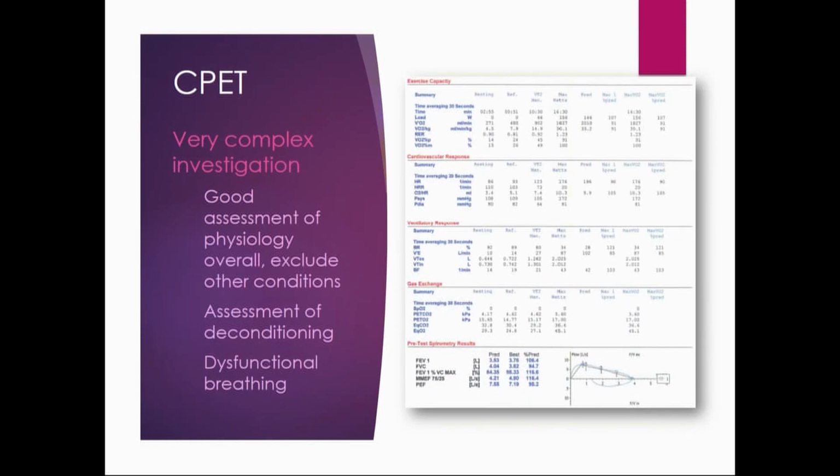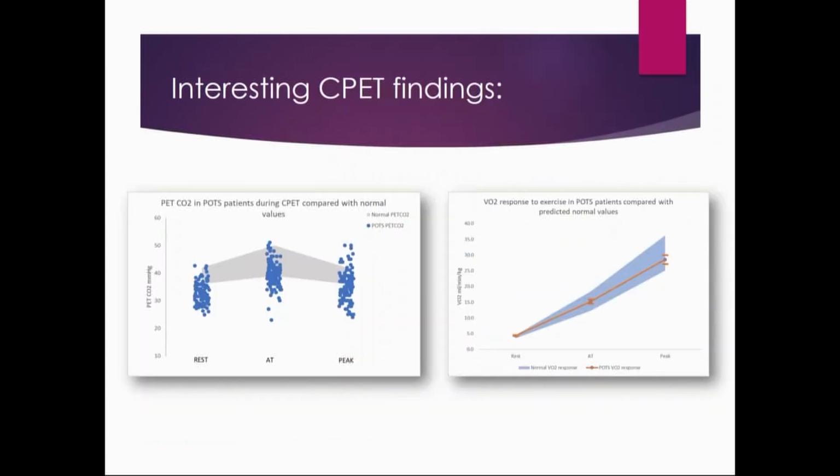And it gives us an idea about how well-conditioned patients are. You will know, I'm sure, if you've got involved in CPET, that it's incredibly complicated, so you have to have somebody who knows what they're talking about. But it was from this that we started to feel that dysfunctional breathing may be very relevant. Charlie will be talking to us about that later on.